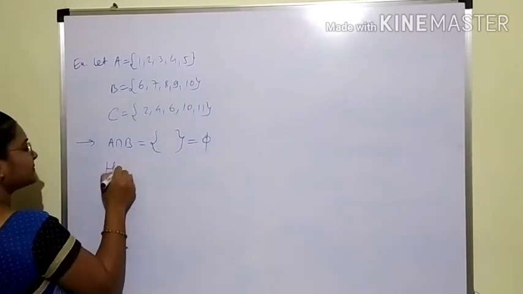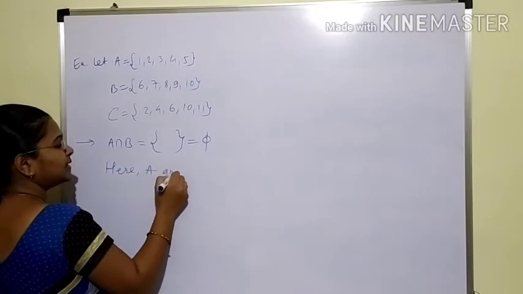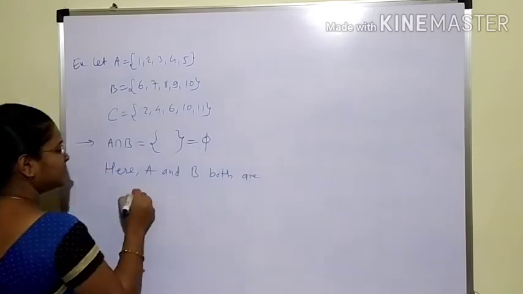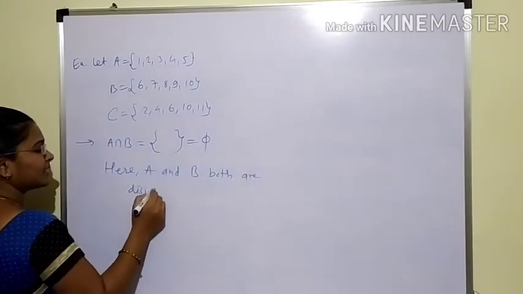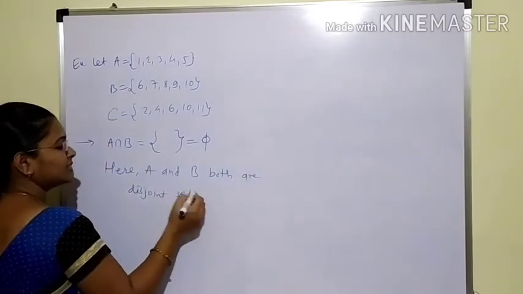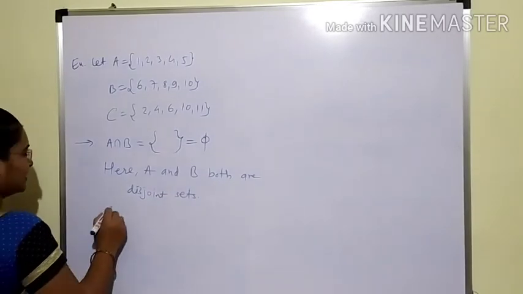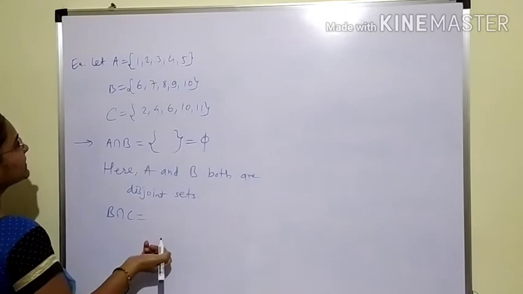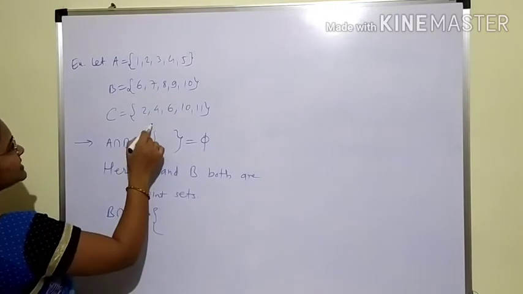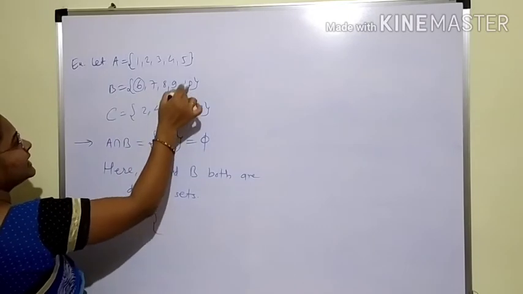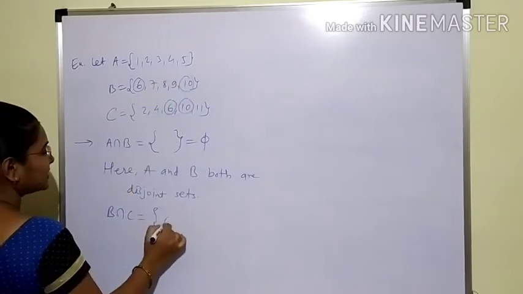So here A and B both are disjoint sets. Understood?